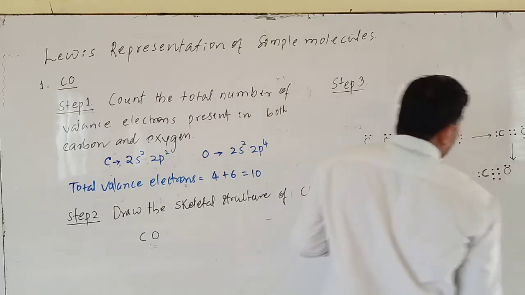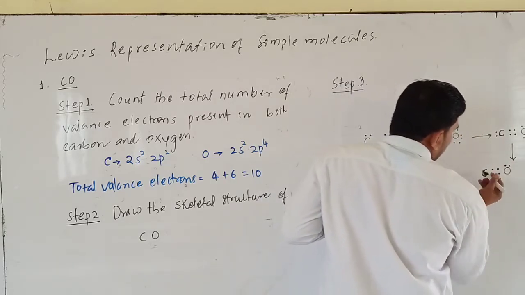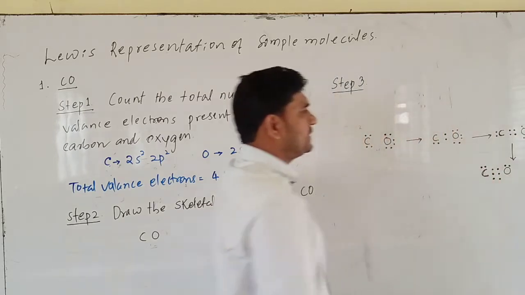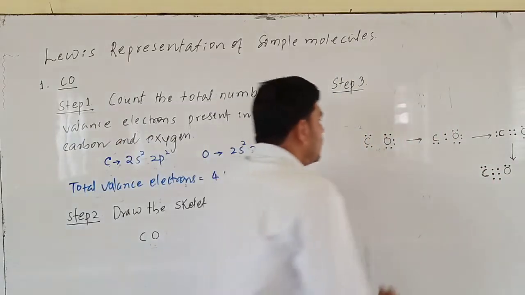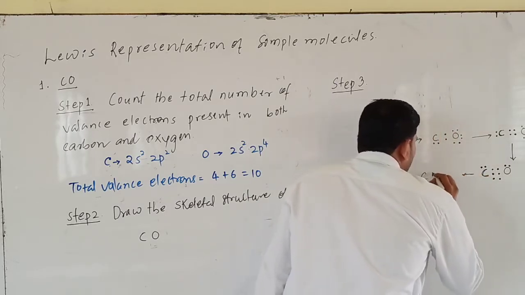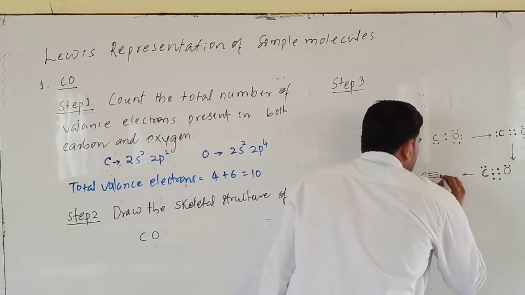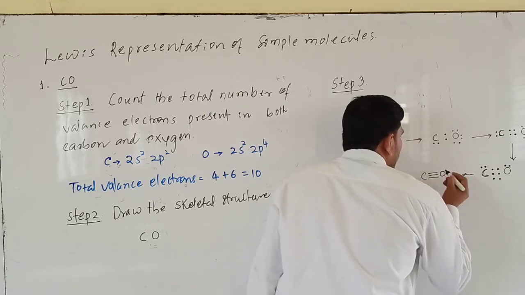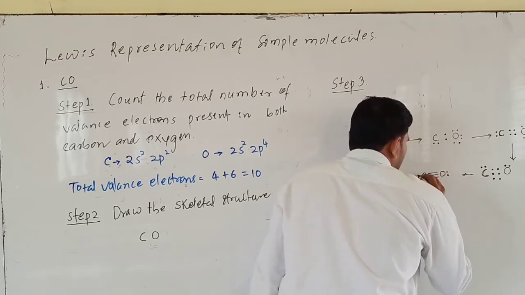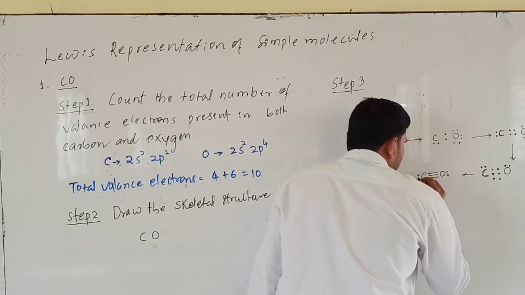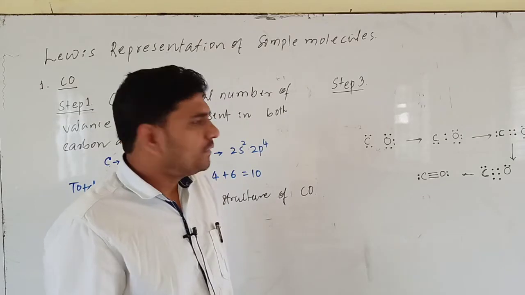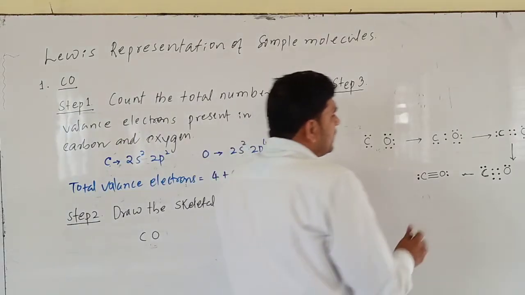Now carbon and oxygen both satisfy the octet configuration. From this it is clear that the structure of carbon monoxide is like this. There is a triple bond between carbon and oxygen, with oxygen containing one lone pair and carbon containing another lone pair. Understood?